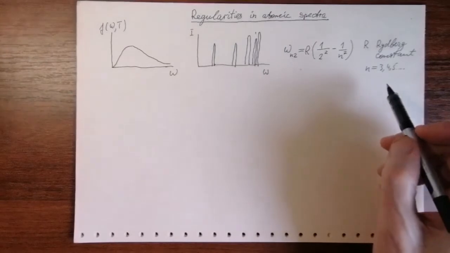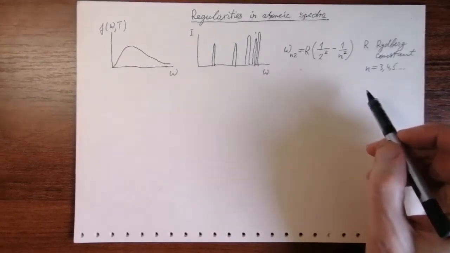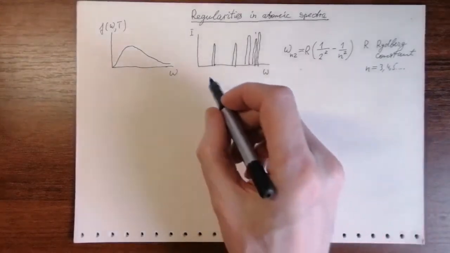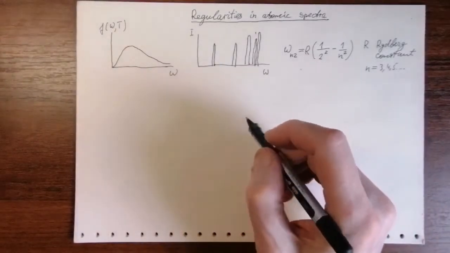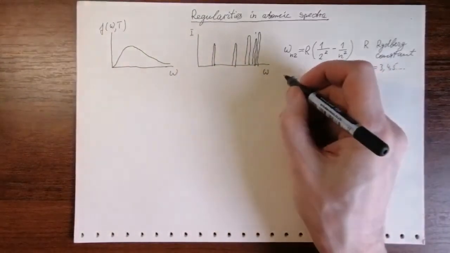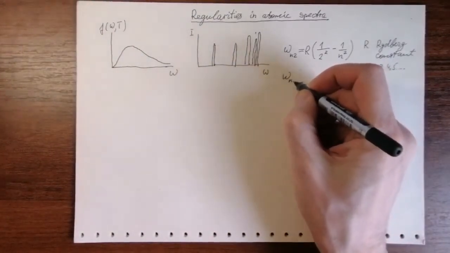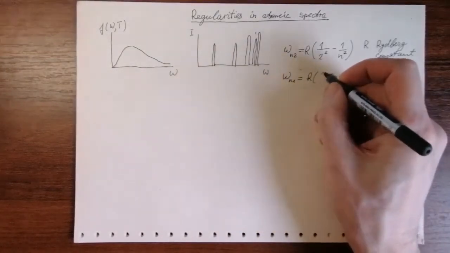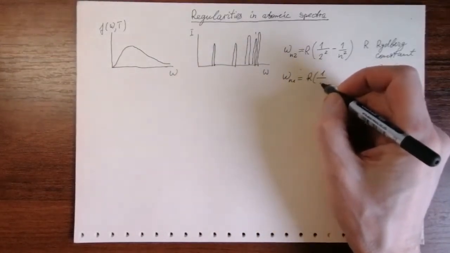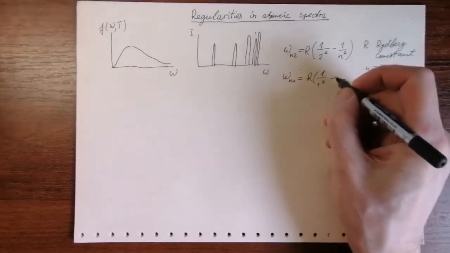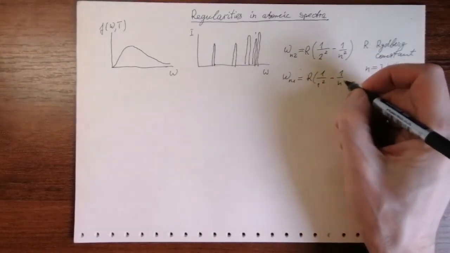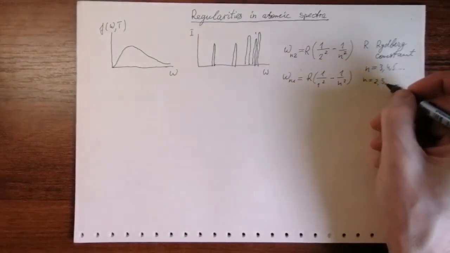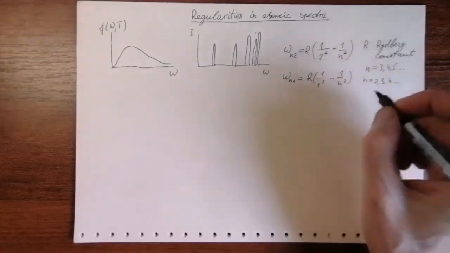A little bit later, it was found that in the ultraviolet part of the spectrum, a similar formula describes the spectrum, but omega is denoted by n1 and is R times 1 over 1 squared minus 1 over n squared, and n starts from 2, 3, 4, and so on, integer numbers.